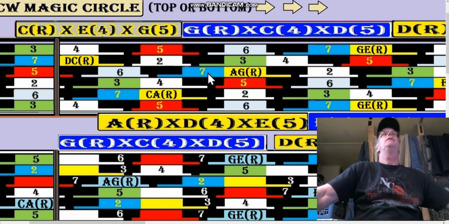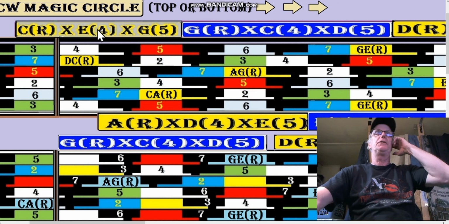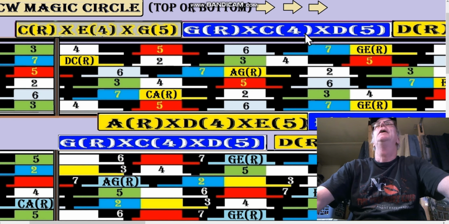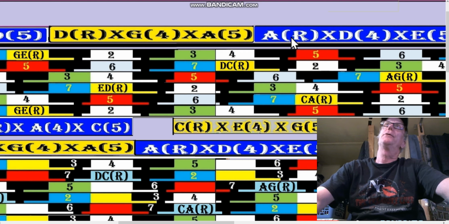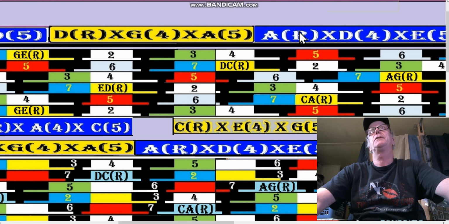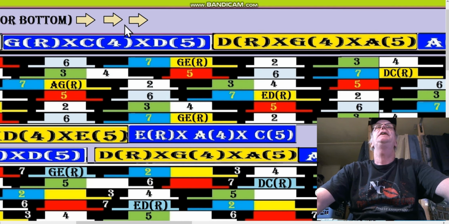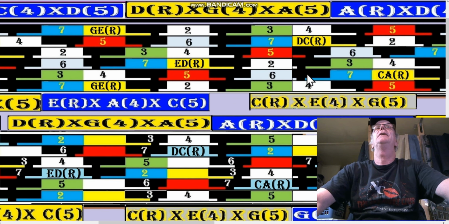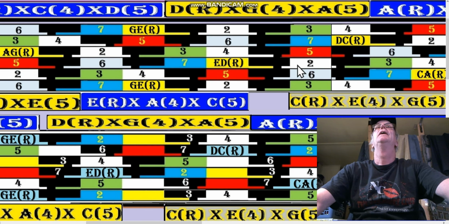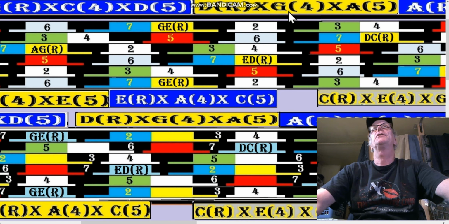So going on the top, this is the magic circle backwards. So how do you know it's the magic circle backwards? Because the magic circle goes in fourths, so A goes to D, D goes to G, G goes to C, and so here's your C down here, C goes to E. And there's always a space in there that is just part of the D, G, A shaped tri-pentatonic box.